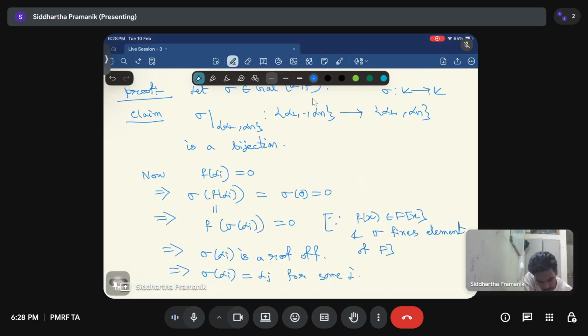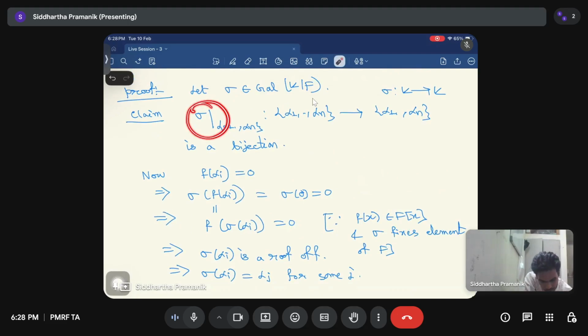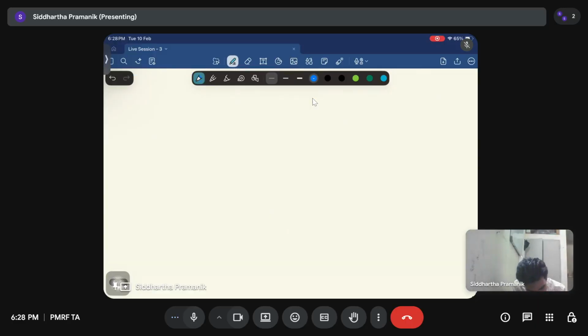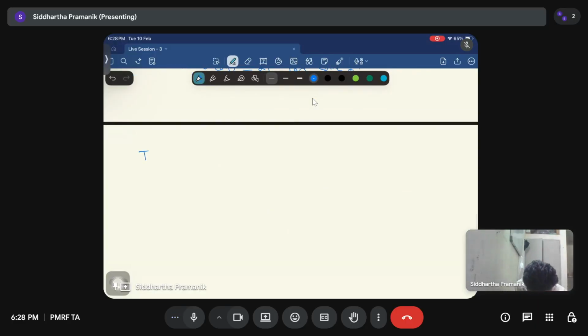So that means if we restrict sigma, this element must map to an element of this set itself. So this map is well defined. But sigma is an automorphism, so in particular it is injective. So sigma is injective on this set also. So let me write this down. Thus the image of this set under sigma has to be a subset of this set.